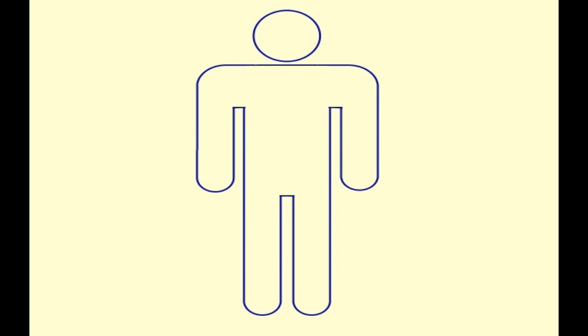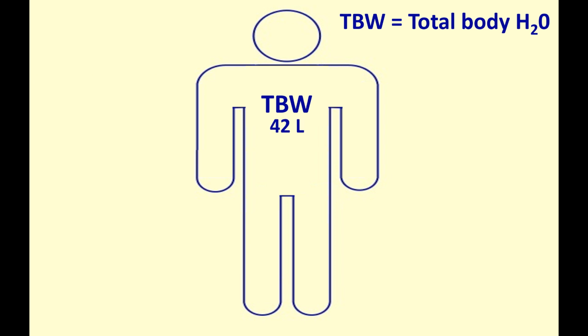Let's look at another scenario where we have a similar 70 kilogram man with 42 liters of water, who also loses a liter of total body water. His total body water goes down from 42 to 41, but now in the setting of being lost in the desert and having no access to water.